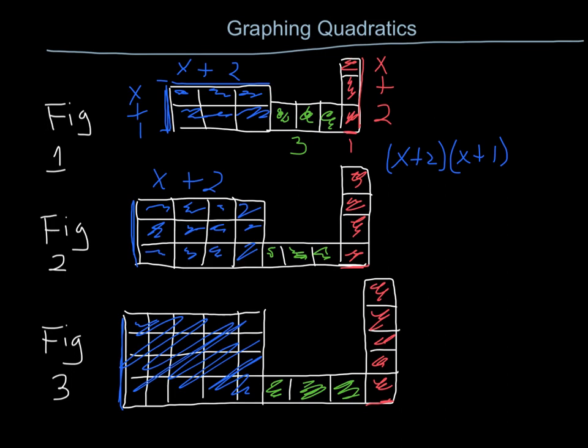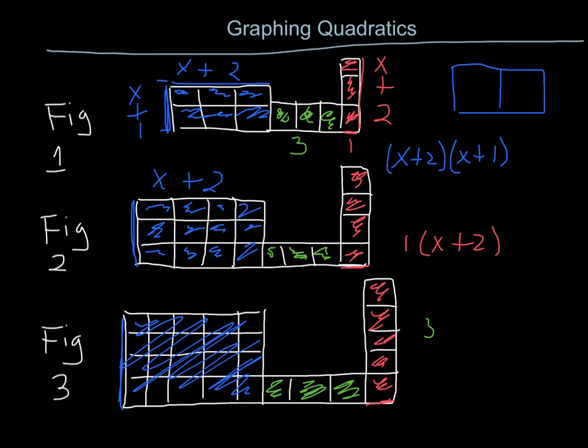For the red, I have 1 times x plus 2. And for the green, I have 3 every time. So the blue, I'm going to do a generic rectangle for, like we were doing just a second ago, because I need to find the area of that.